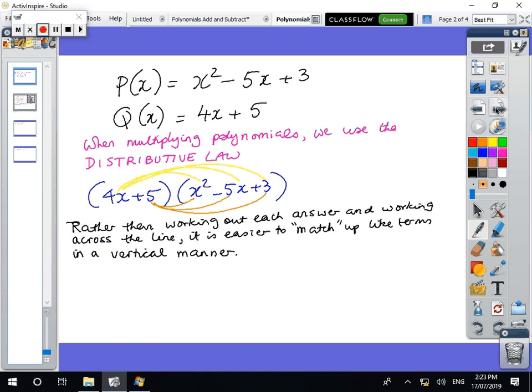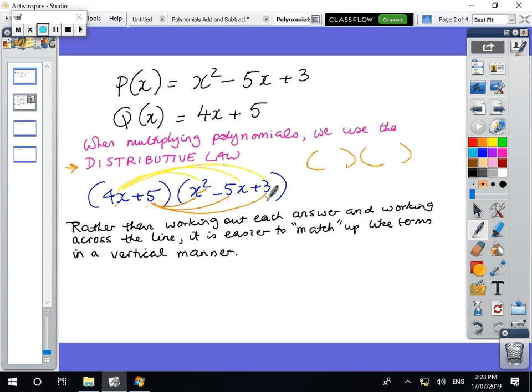Okay, so I've got a P(x) and a Q(x), and when multiplying polynomials, we're going to use the distributive law like you've always done. When you've had two things by two things and you use FOIL or whatever, you've been using the distributive law. So for instance, if I've got these two terms, I put the smaller bracket out the front rather than the larger one. So 4x is being multiplied by x squared, by minus 5x and by 3, and then the 5 is being multiplied by x squared, minus 5x and 3.